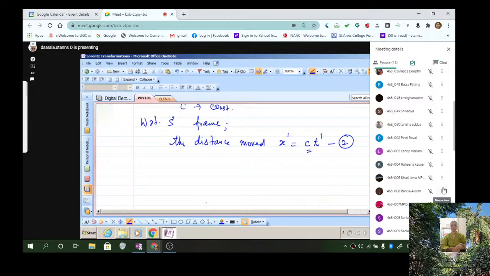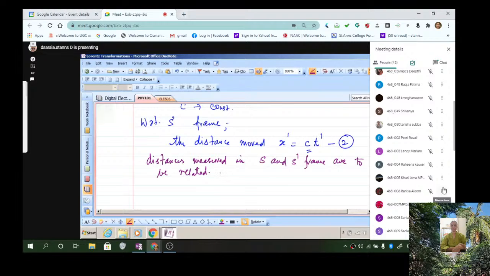So that means to say that distances measured in S and S prime frame are to be related. There should be a relation. They need not be same, but there should be some relation between these two.